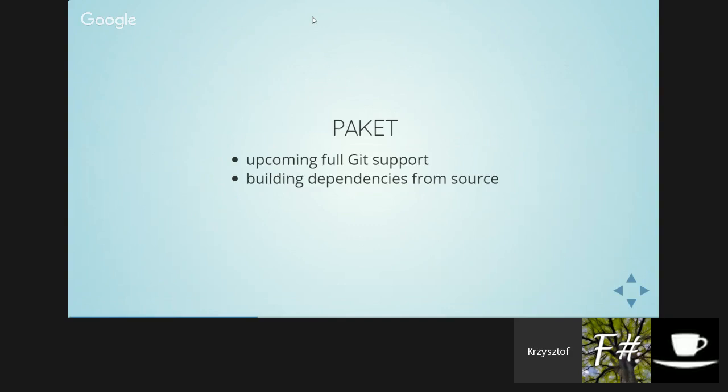As I've mentioned before, sometimes a library is not publishing its DLLs or something like that, but only source code. This will allow us to just get this source code and build it.